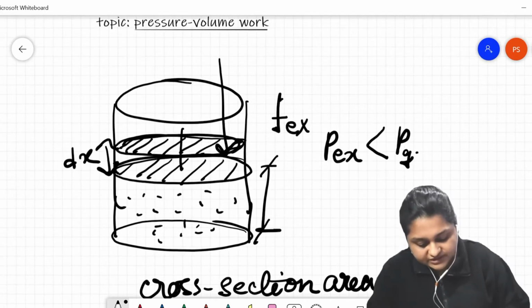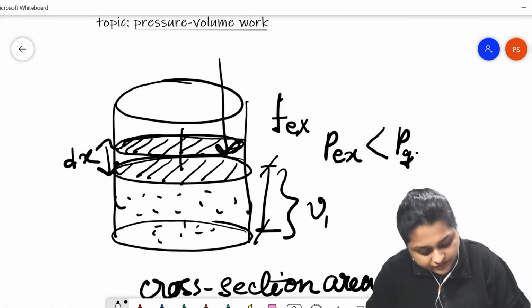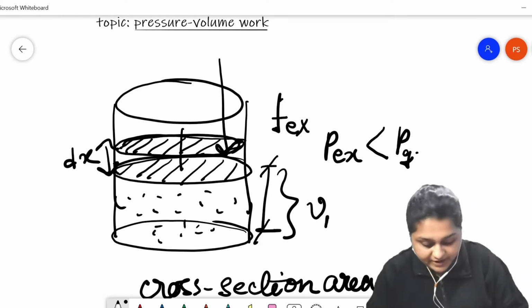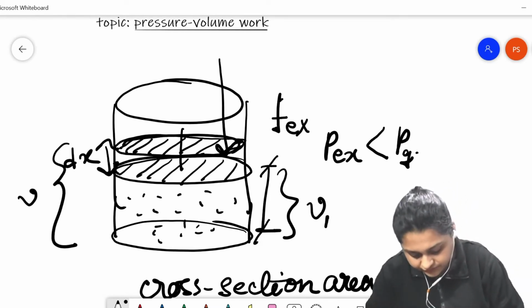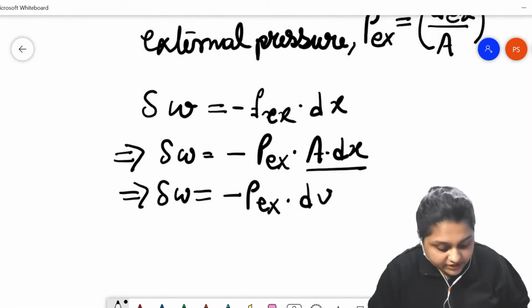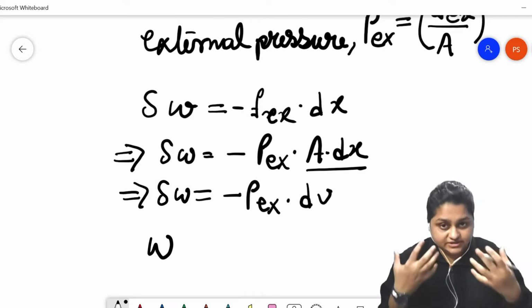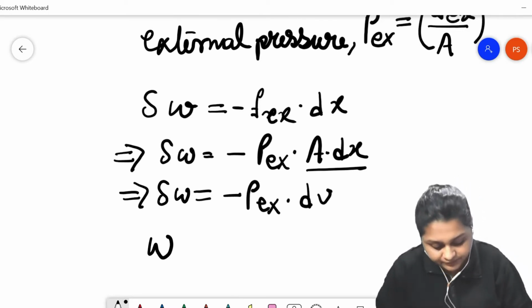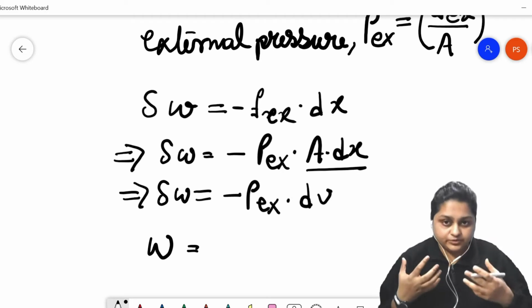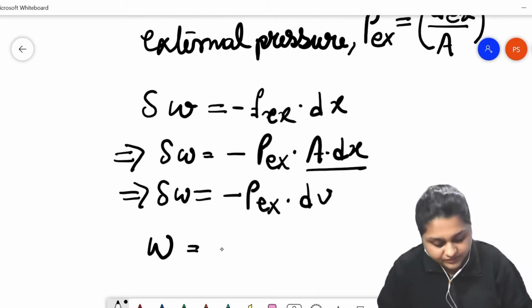In the previous case the volume was V1 and after the expansion the volume had become V2. So if we integrate this value, we will get the total work that we had done after this expansion process.